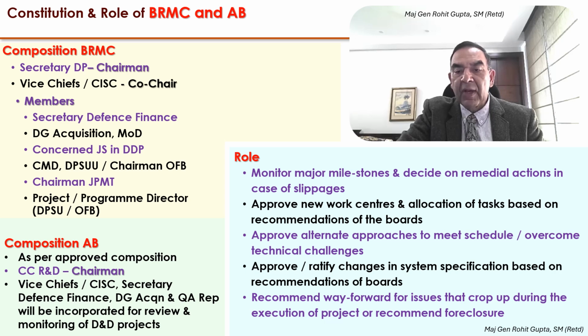They also recommend the way forward for issues that crop up during the execution of the project, or in case they find it is not feasible to go through with the project, recommend foreclosure to the according authority.